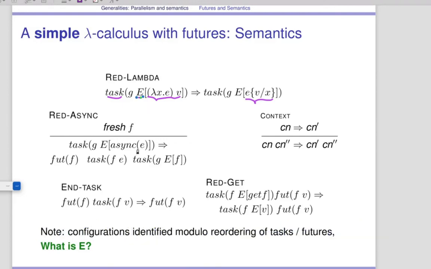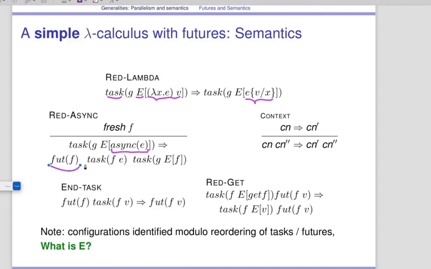So what does it mean to create an asynchronous task? It means that, same thing, inside the task, somewhere I have a place where I want to do this async of e statement. So look at this for the moment, and the rest is kind of the context that is around. And what does this mean? It means, oh, I want to create a future, and for the moment the future is not yet fulfilled.